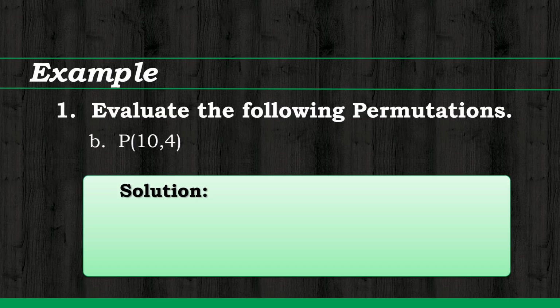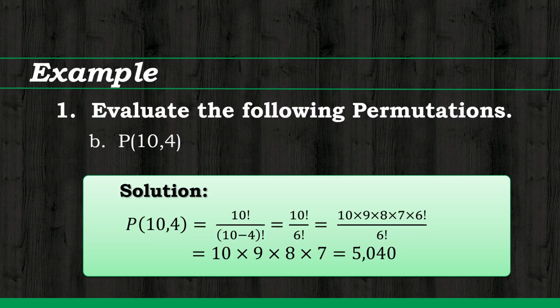For letter B, we have the permutation of 10 taken 4 at a time. Our solution would be 10 factorial divided by 10 minus 4 factorial equals 10 factorial divided by 6 factorial. By simplifying, we will have 10 times 9 times 8 times 7, which is equal to 5040.